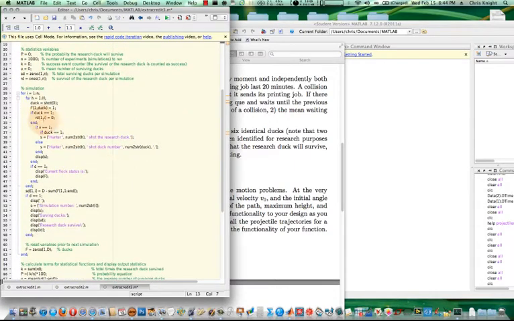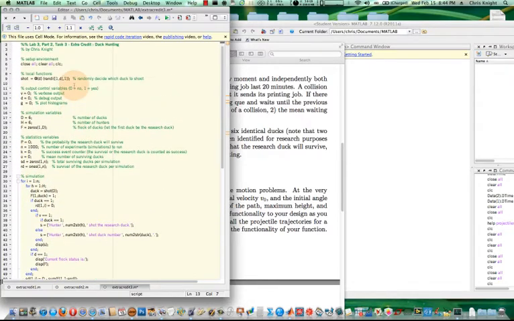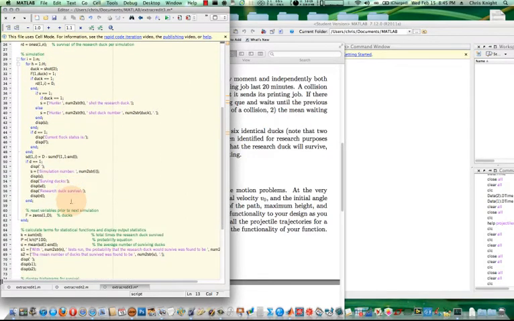And basically what that function does is it decides which duck the hunter 1 through 6 is going to shoot at. And I can actually change this to include more ducks and more hunters if I wanted to say, okay, we have 50 ducks and we have 6 hunters, or whatever.